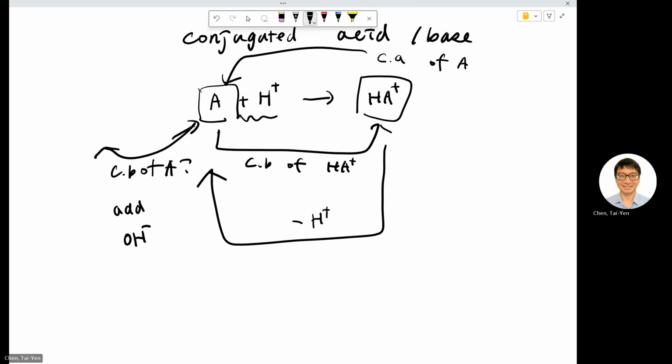This is actually equivalent because you are in an aqueous solution. Since you can subtract H plus, all you do is add in OH minus. This is something that you want to know. This is the first concept we went through last time. Any questions?